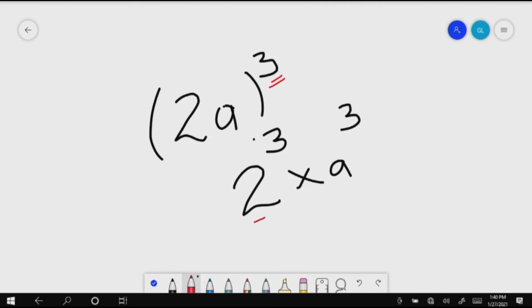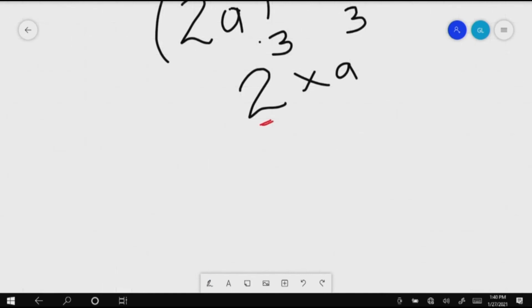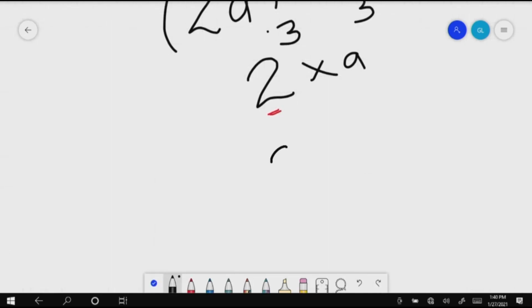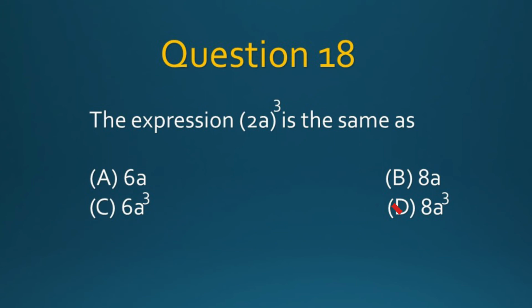Now, 2 to the 3rd power is the same as 8 times a cube, which can be further represented as 8a cube. The solution there is D.